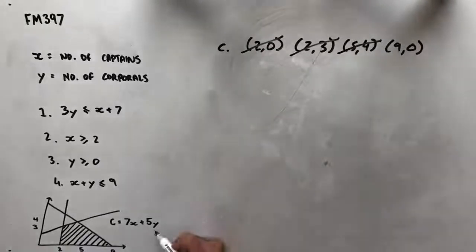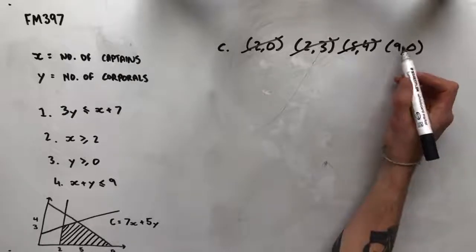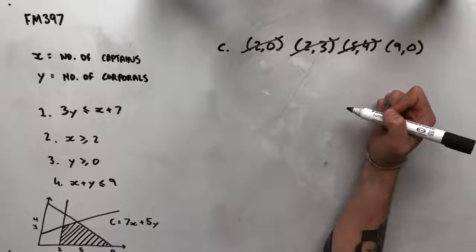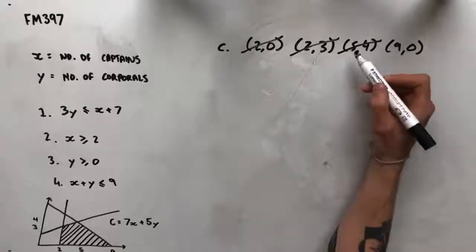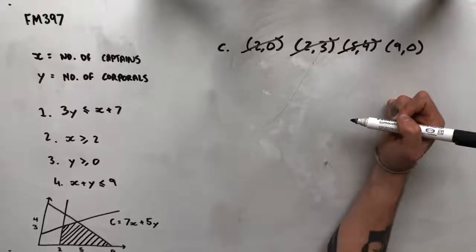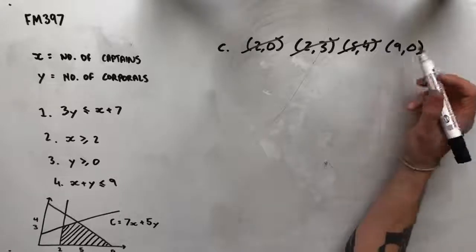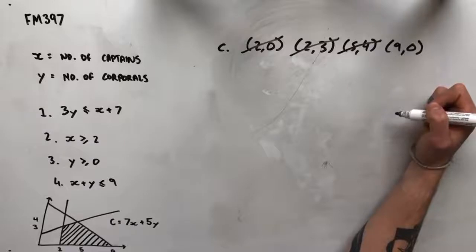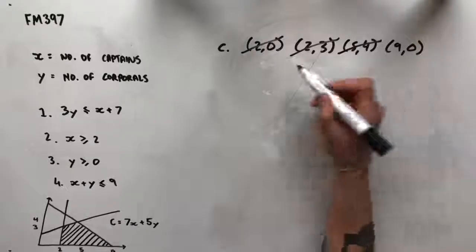We also know that corporals only cost 5 silver pieces versus a captain's 7 silver pieces. So having 9 captains is going to cost more than having 5 captains and 4 corporals, because both contain 9 people, but in the 4 corporal option, you're going to be paying the corporals slightly less. So we know that this point here, this (9, 0), is going to be our maximum out of these 4.